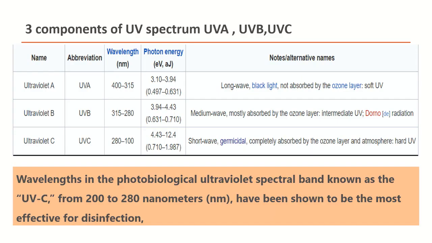Coming to the three types of ultraviolet radiation, UVA ranges between 315 and 400 nanometers. It is also called the long wavelength or long wave. It accounts for approximately 95% of the UV radiation reaching the Earth's surface.